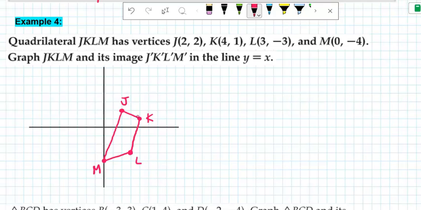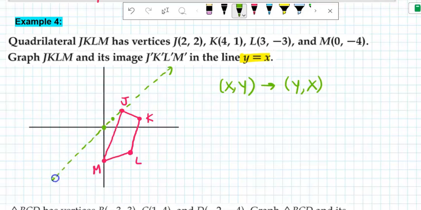So again, one way you can think about this is if you want to write out your coordinates. So x comma y becomes y comma x. That's our shortcut for our line. If you want to graph the line, remember it's a y-intercept of 0, so it's at the origin. And we're moving with a slope up 1 over 1, just if you want to give yourself a visual.